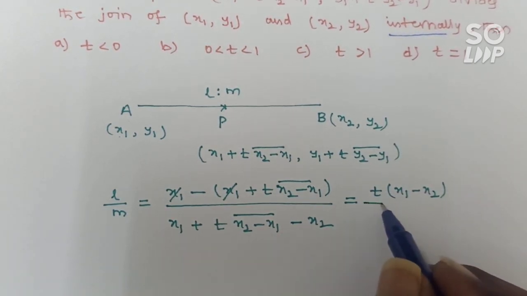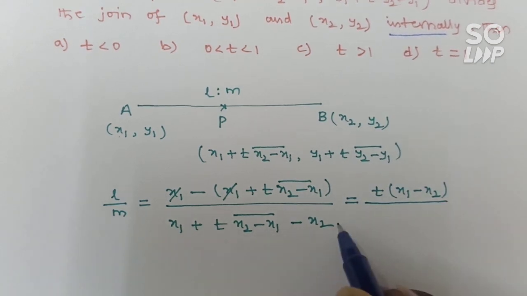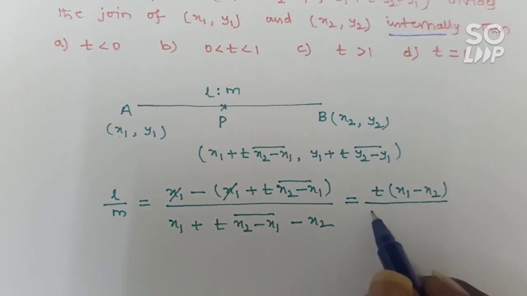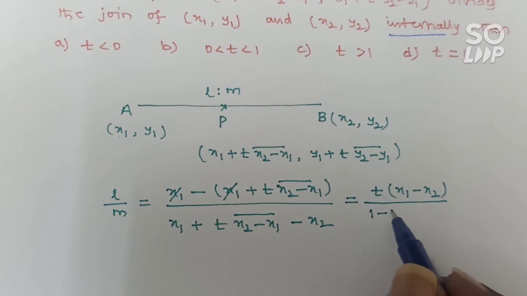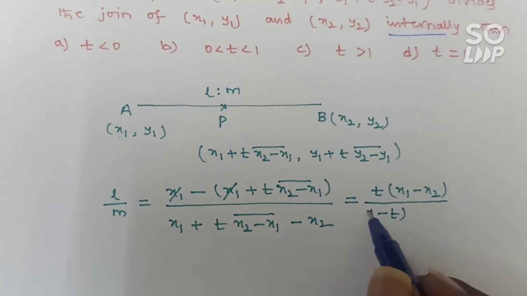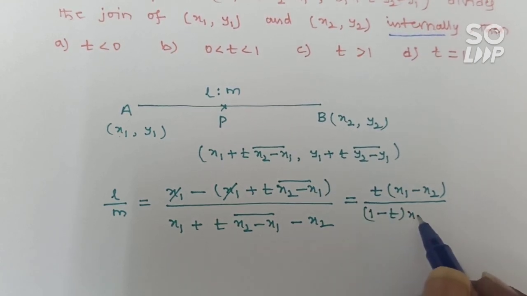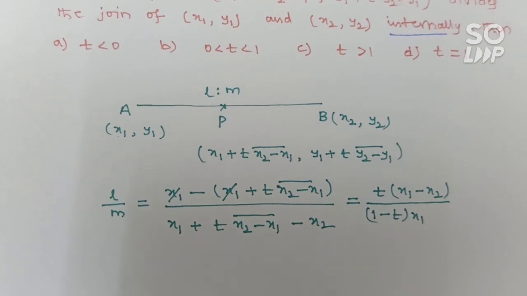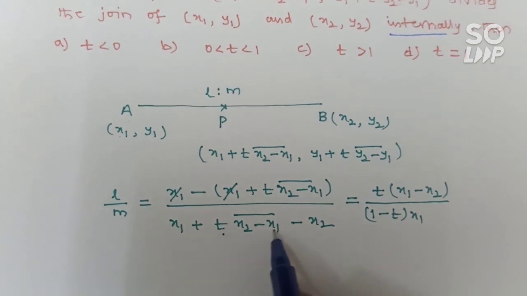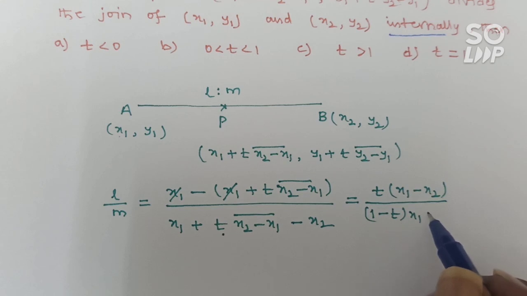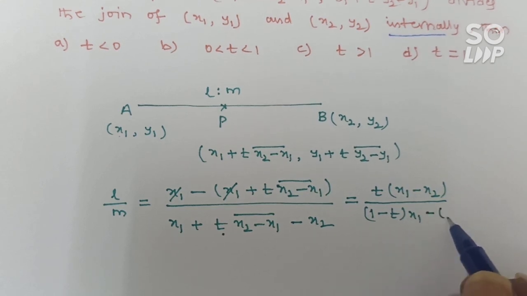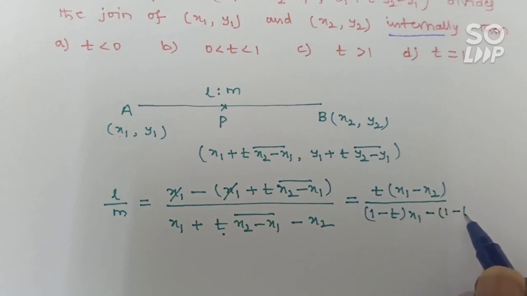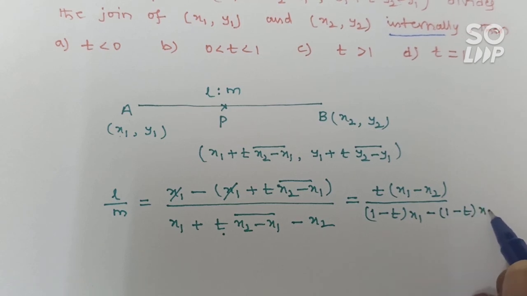From these two you take x1 as common, so 1 minus t into x1, and here minus x2 you take common, 1 minus t into x2.